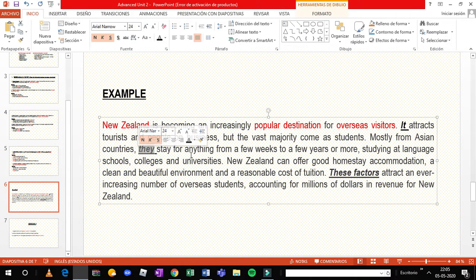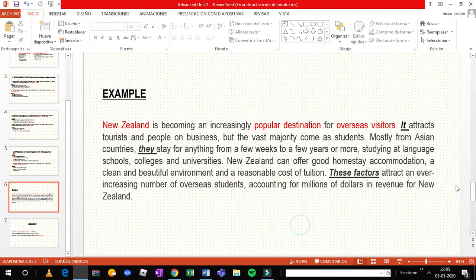They stay for anything from a few weeks, mostly from Asian countries. That is the previous word mentioned, Asian countries. Países asiáticos. Ellos se quedan alrededor de una semana o unos años estudiando lenguaje en universidades, etc.